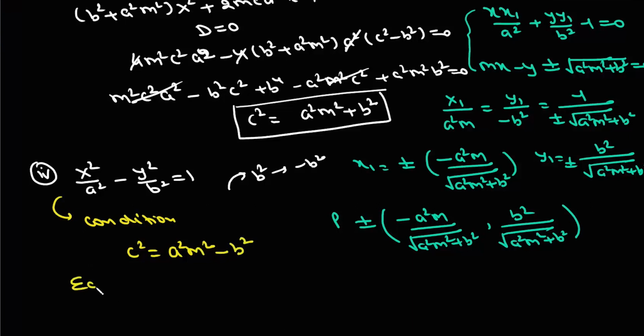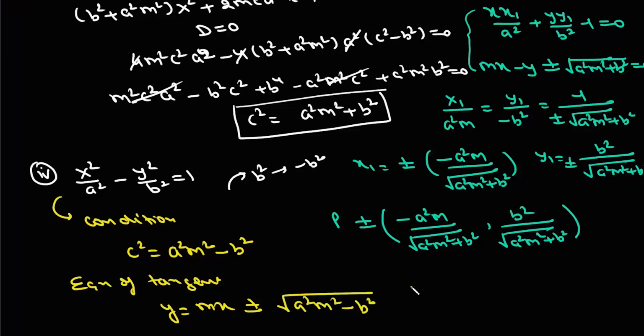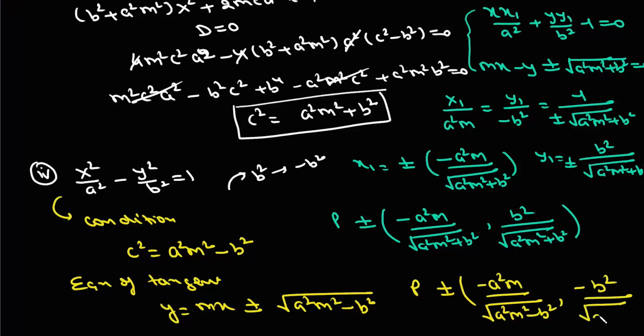And this equation of tangent will be y equals mx plus minus under root of a square m square minus b square, and this point of contact will be plus minus minus a square m upon under root of a square m square minus b square comma minus b square upon under root of a square m square minus b square.